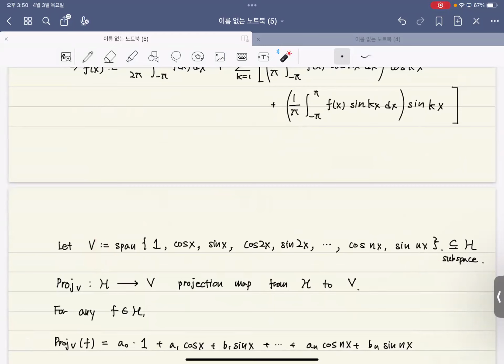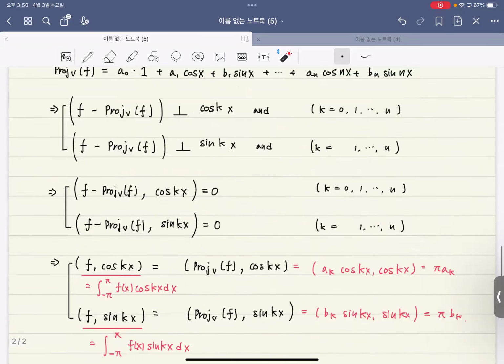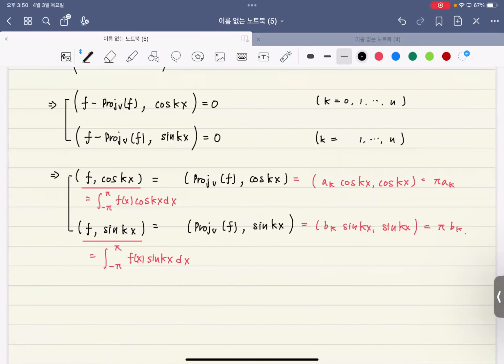So this truncation is indeed a projection. Just one more thing to add. Consider a number.